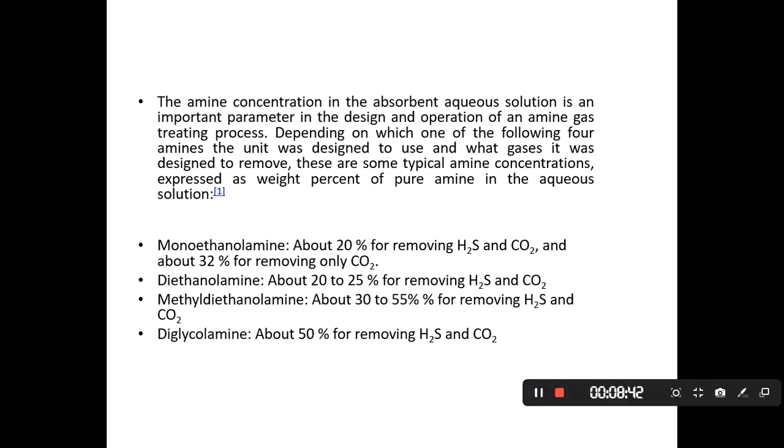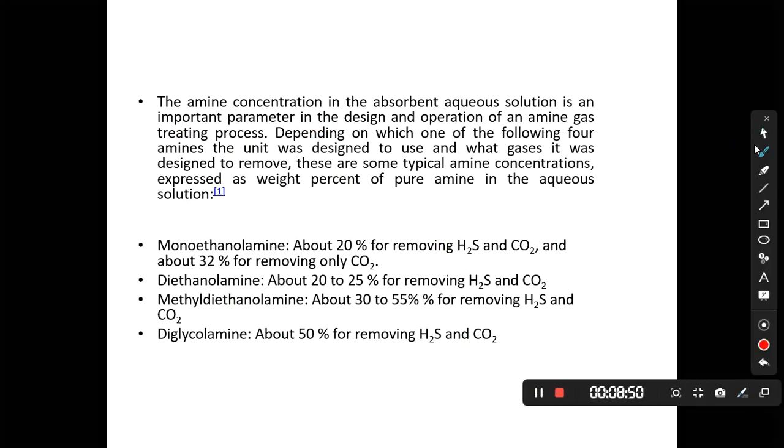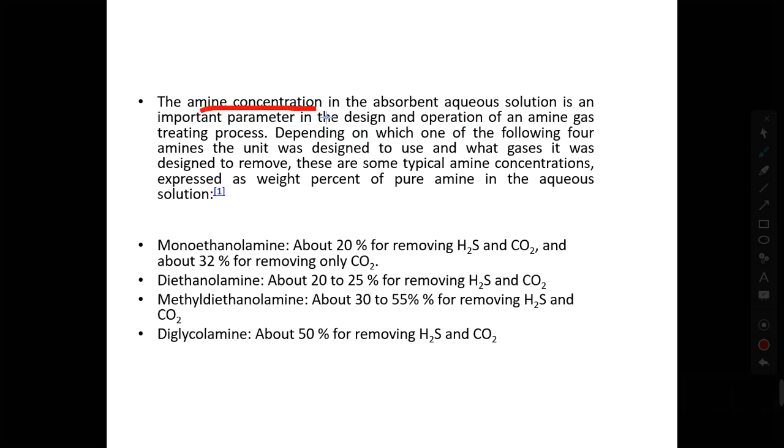In this lecture we will mostly discuss the amines. The most important parameter in removing H2S and CO2 is the amine concentration, meaning how much amine we are injecting into the system to absorb the H2S or CO2.